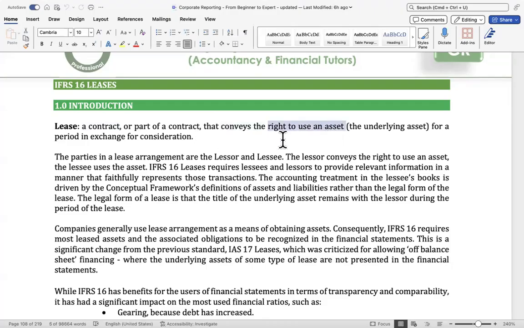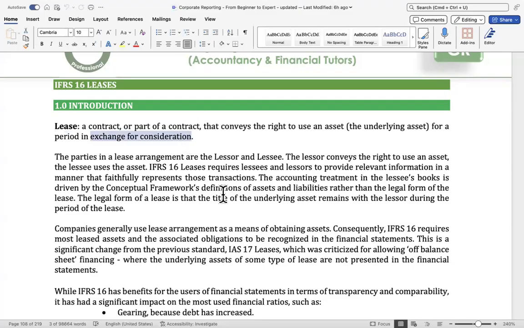The owner of the asset, we call that party a lessor, and the party that has the right to use the asset now, we call him the lessee. And this conveyance of right of use is usually for a period, which we call the lease term, and it's usually in exchange for a consideration, which usually is a lease payment.